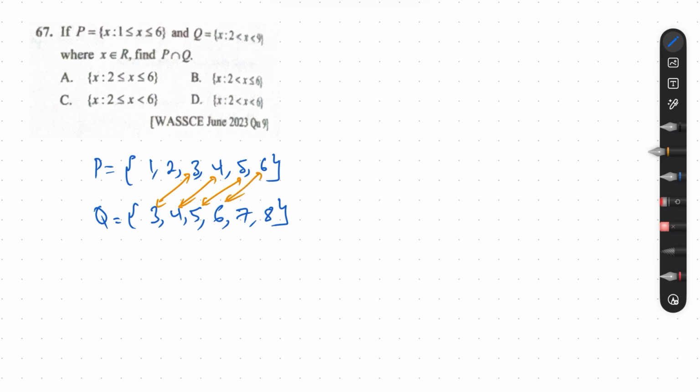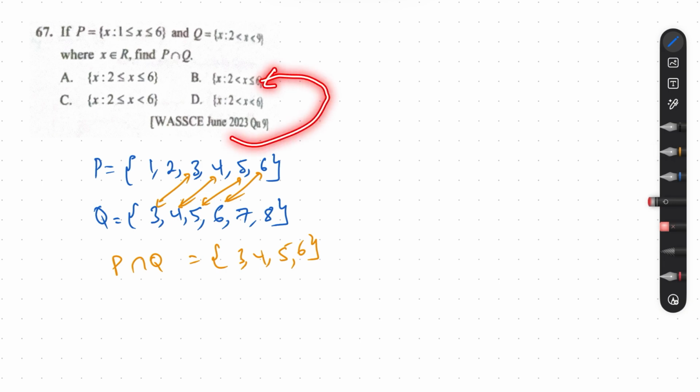So these are our common elements: 3, 4, 5, 6. P intersection Q is the set of 3, 4, 5, 6. Now, how do you write this in the form that they want it?